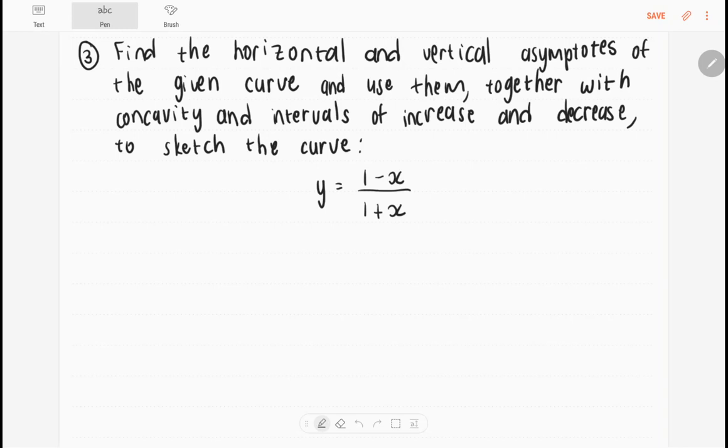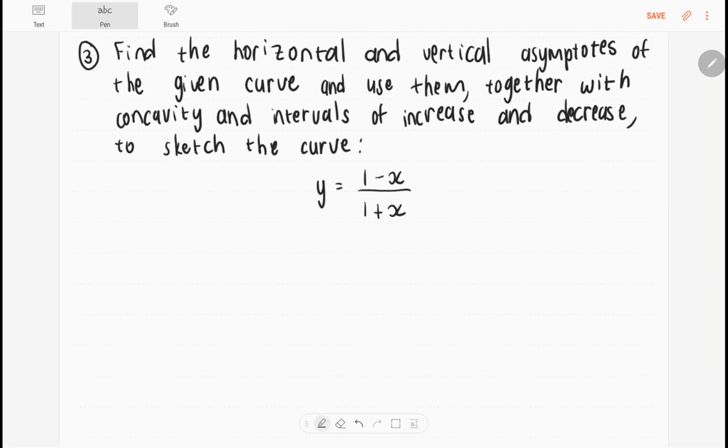Okay, well, the first thing that we can see just by looking at our equation is we definitely know that the domain is going to be from minus infinity up to minus 1, not included, and then from minus 1 up to infinity, because minus 1 can't be included because then our denominator will be 0.